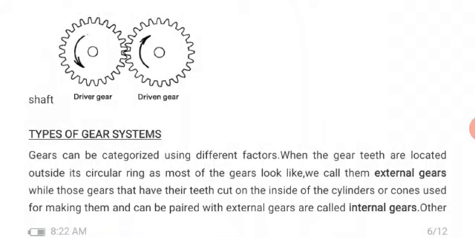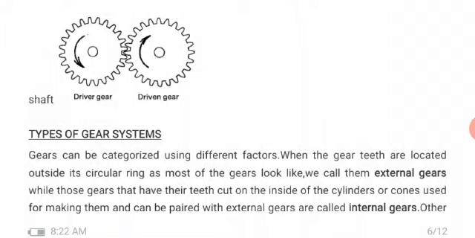The driver gear is the one that is being turned by the electric motor, or the one you are turning with your hands. When you turn it, it now turns the driven gear. It is the driven gear that is attached to the load side of the machine, so as to do the necessary work you want to use the gear system for.